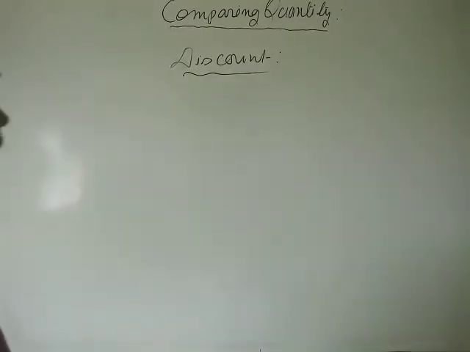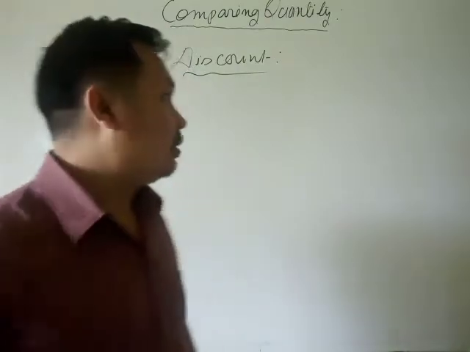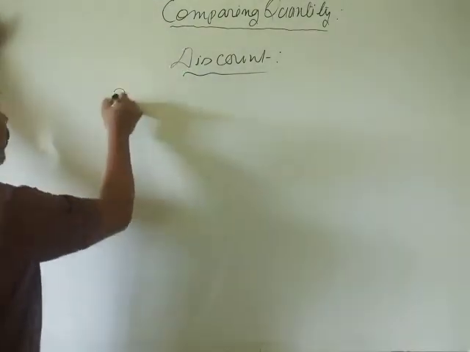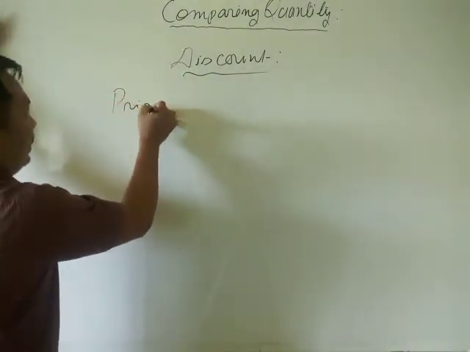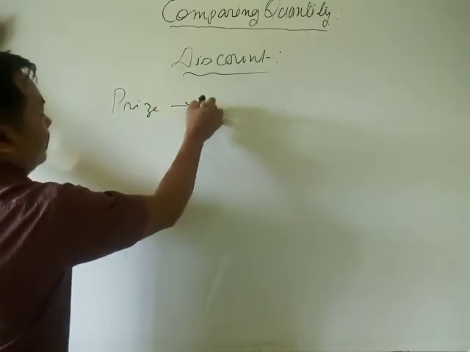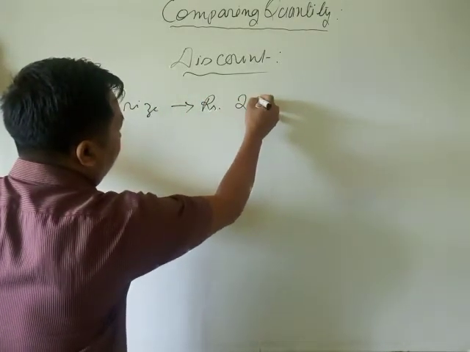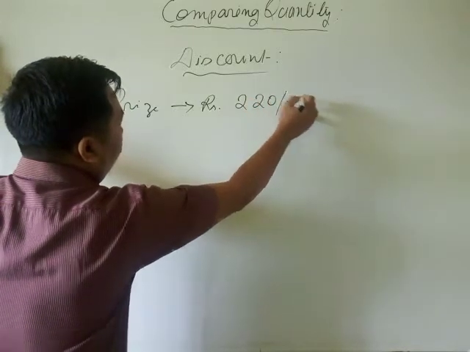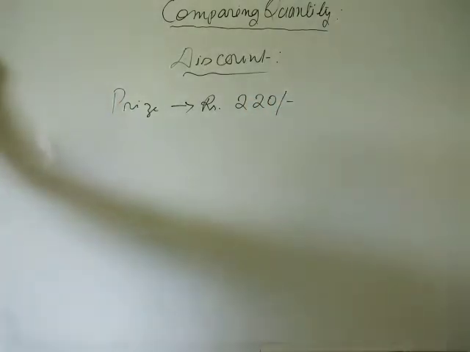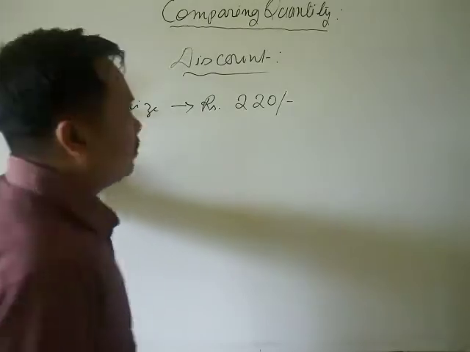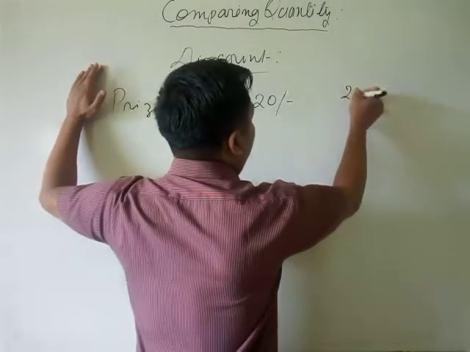The next part of the lesson is discount. So what is discount? For example, say the price of a thing, any thing, is 220 rupees, and there is a discount of 25%.